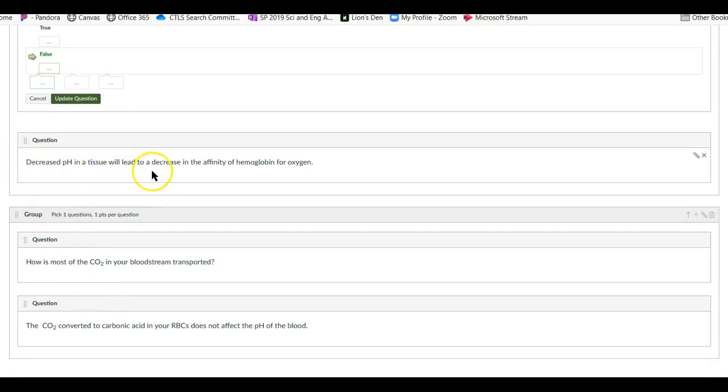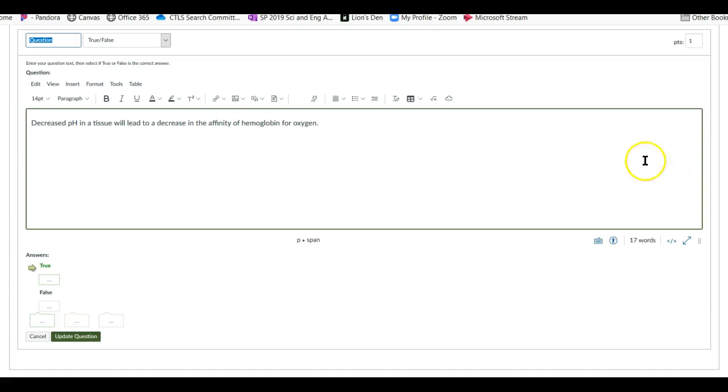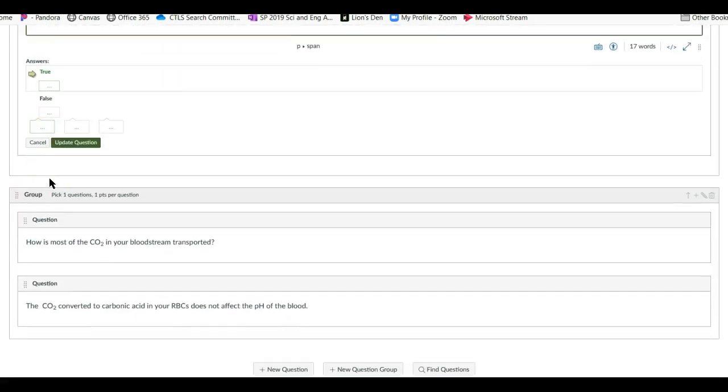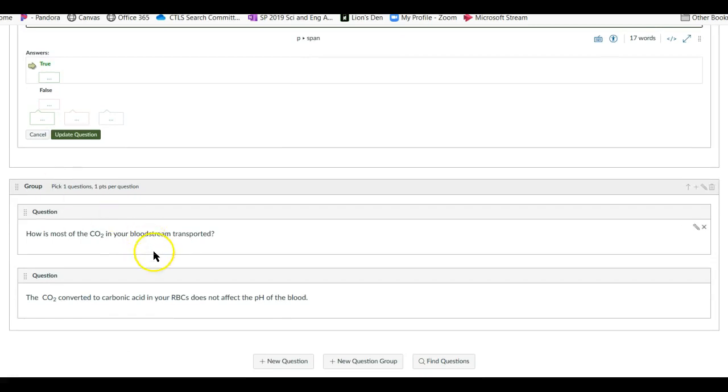If we decrease the pH, this will lead to a decrease in the affinity. This is true, right? Low pH means increased metabolism, so we want lower affinity of hemoglobin for oxygen so that hemoglobin will let go of oxygen in the tissue that needs it more. So that is a true statement. Let's see.